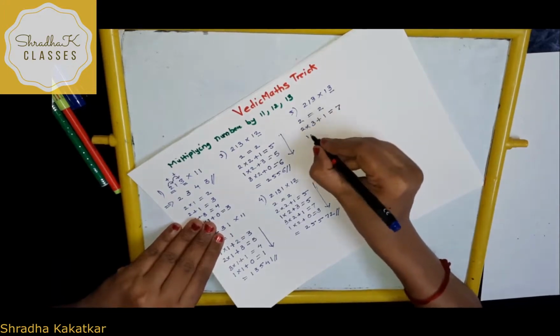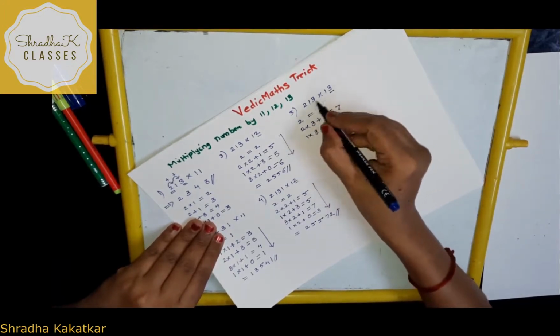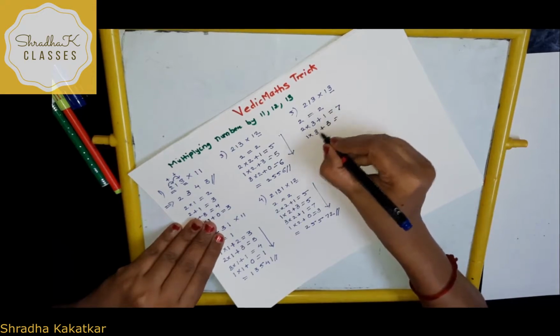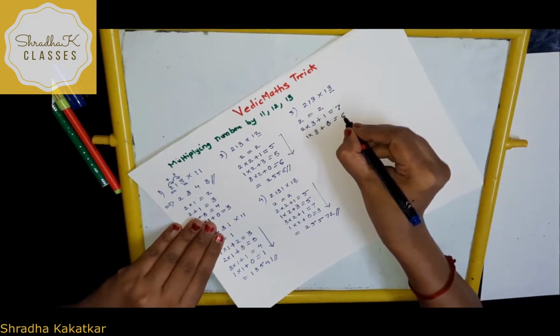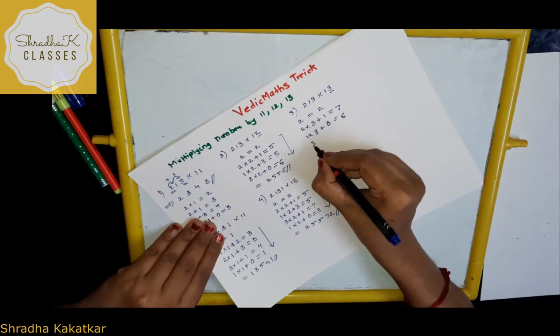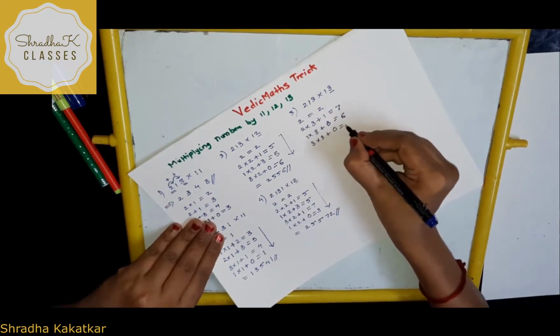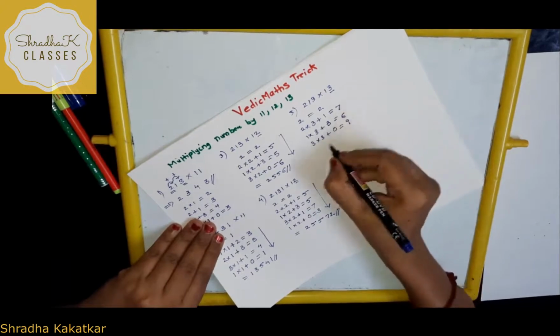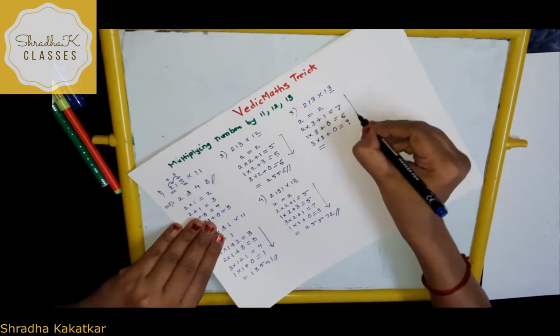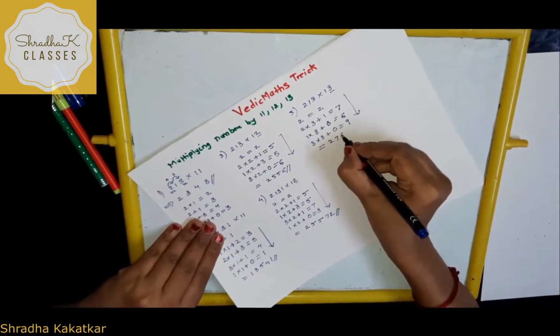Next 1 into 3 plus 3, 3 plus 3 is 6. Then 3 into 3 plus anything next to 3? No, 0. So 9. So what is the answer? 2769.